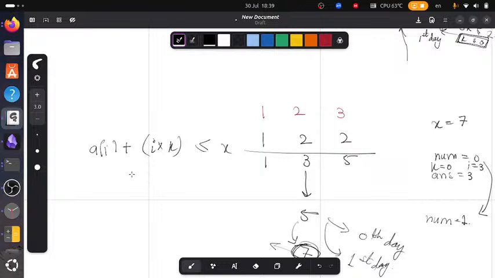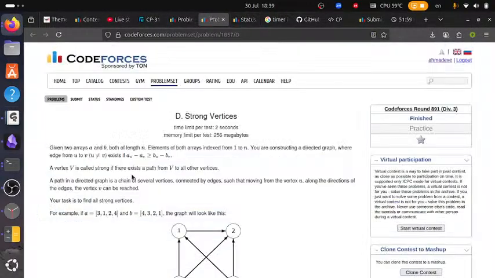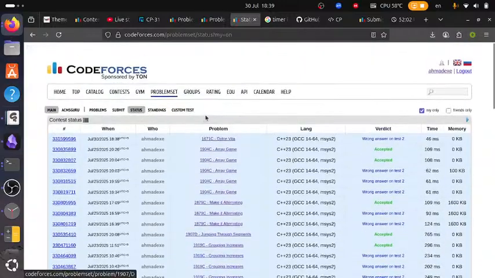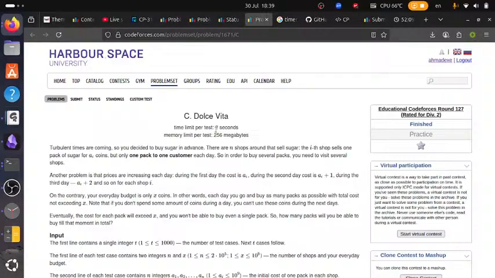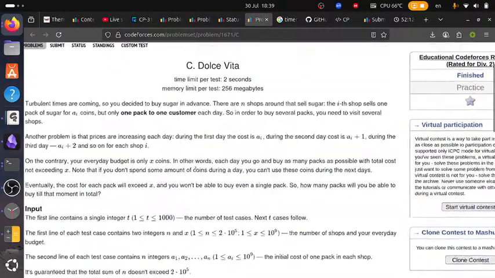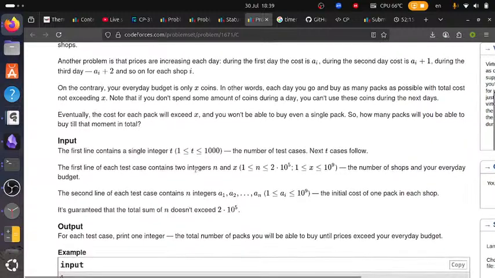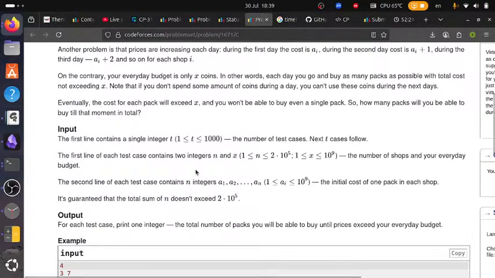We are missing some sort of edge case here, and I don't know. So let's reread the problem. Okay, okay.